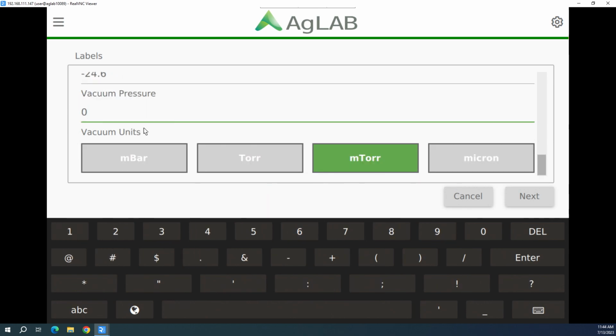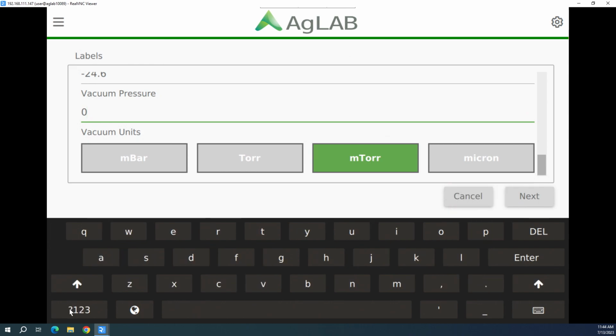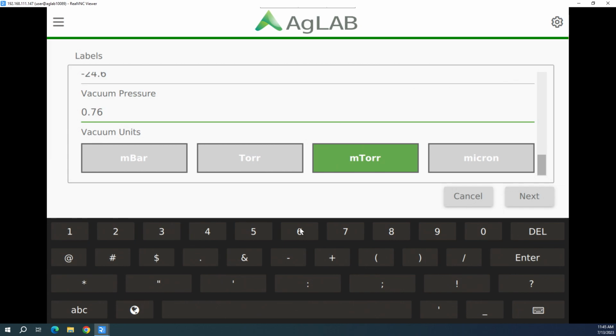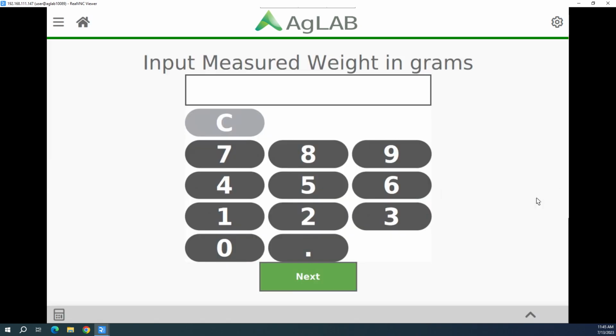All right, and then vacuum pressure. Vacuum is 0.76 torr. Okay.